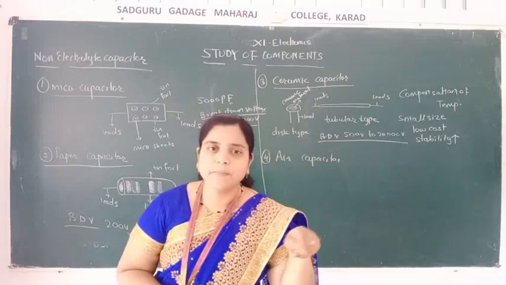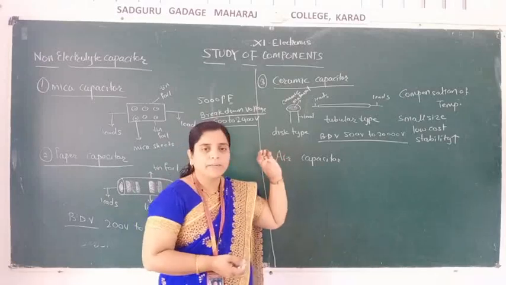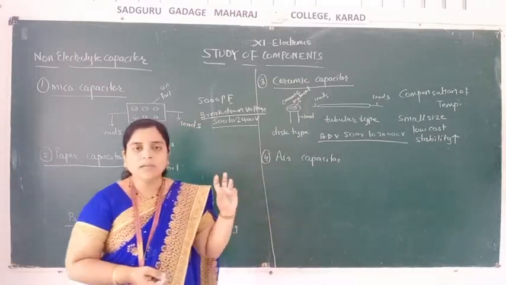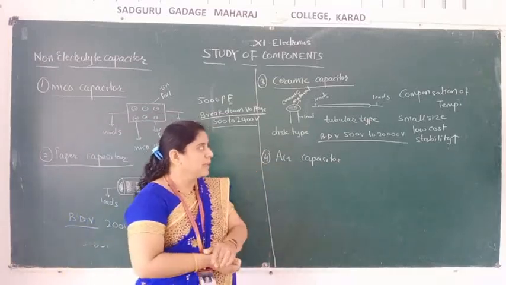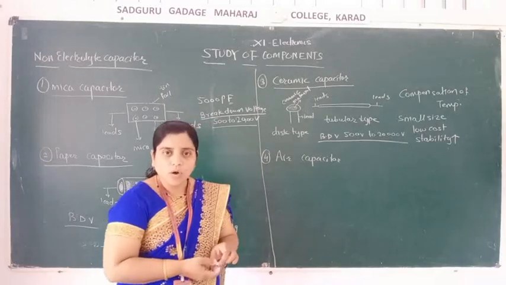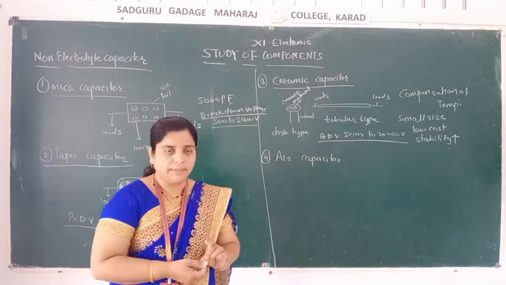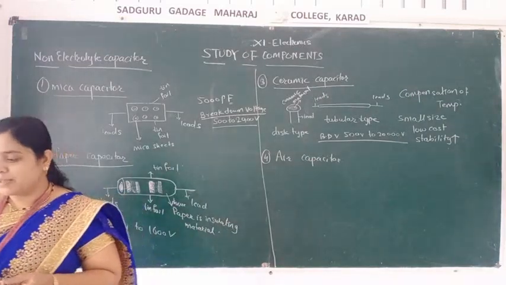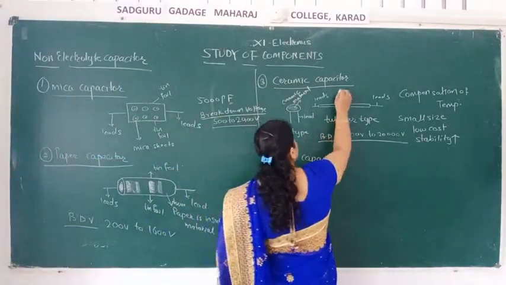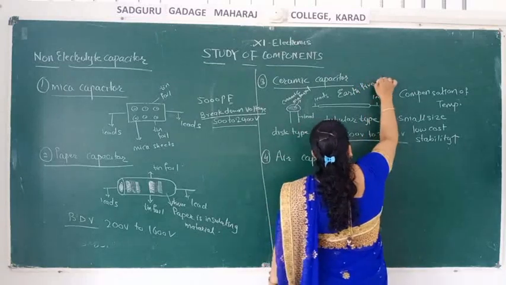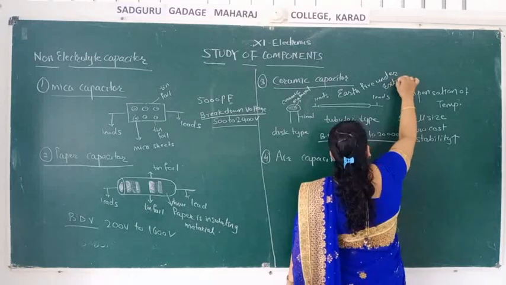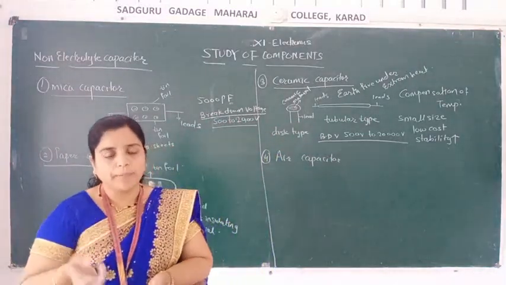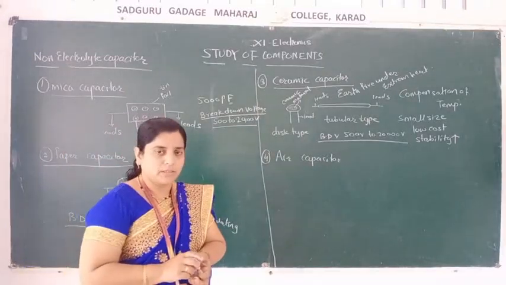A ceramic capacitor is one which has ceramic as a dielectric material and is used to compensate for temperature, as its value increases or decreases depending on temperature. It has small size, very low cost, and gives greater stability. It's called the ceramic capacitor. So the ceramic capacitor is made of earth fired under extreme heat. It is used to compensate for temperature. All of you clear on this?